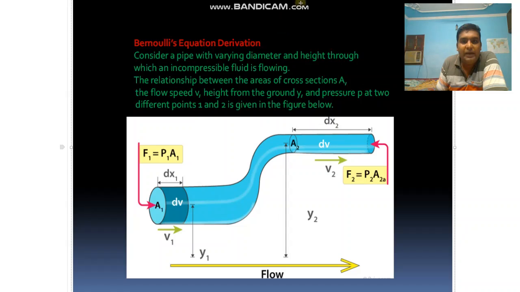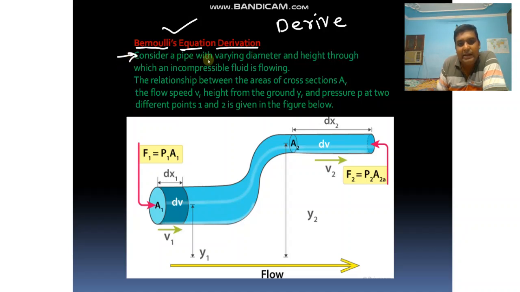So the next topic is Bernoulli's equation derivation. Here we will derive Bernoulli's equation. For this, consider a pipe with varying diameter and height through which an incompressible fluid is flowing.